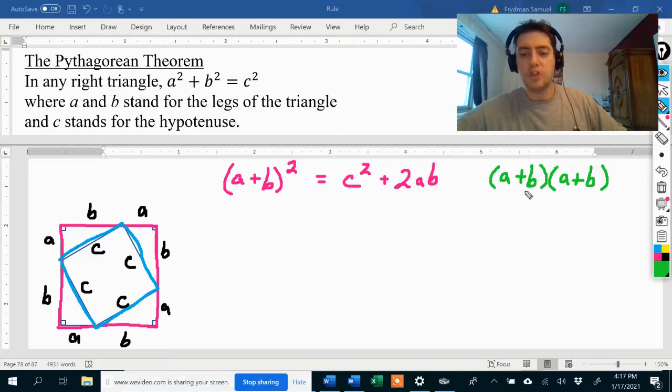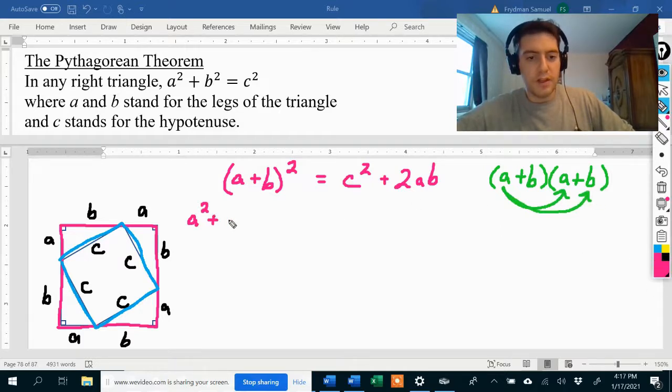Okay, so I need to distribute over here. I just need to make every combination of what's in here with every combination of what's in here. So the first thing I have is a times a, which is a squared. Next, I have a times b, which I'll just write as ab.